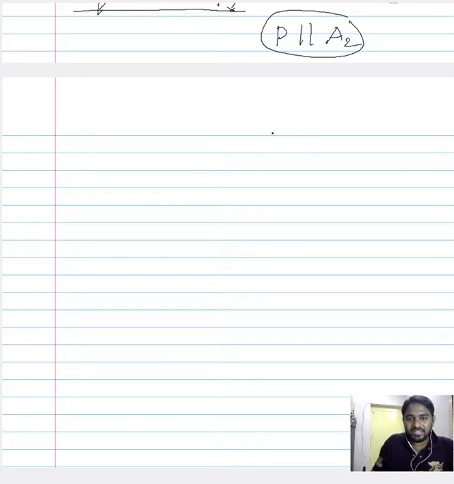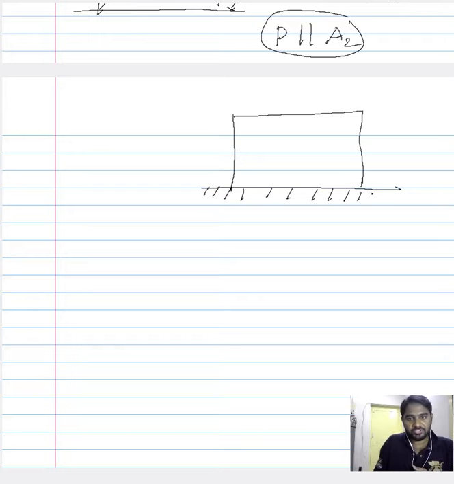For that, instead of considering a rectangular sample, let us assume a sample that is close to a square, because that will help us describe the response, or the strain, that the material experiences during this shear loading. So we will have a material something like this, which is fixed along the longitudinal axis, and now we are applying a load P, and then the material deforms in this manner.